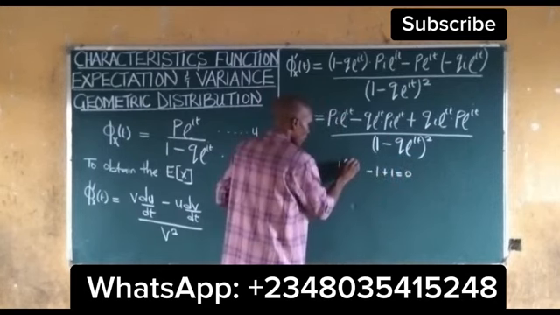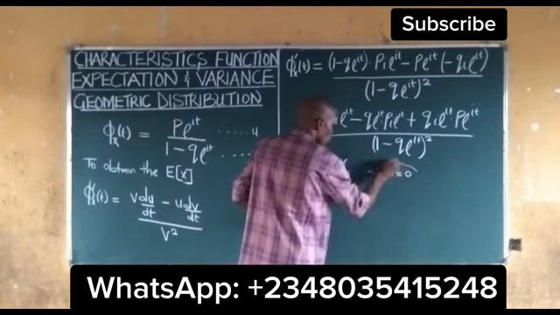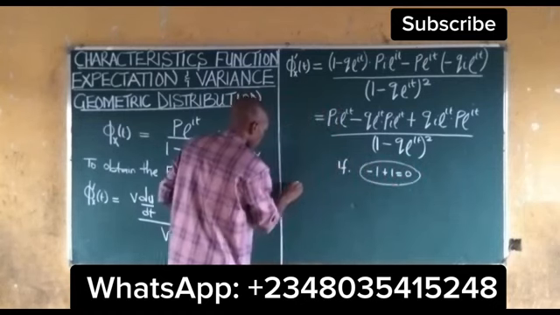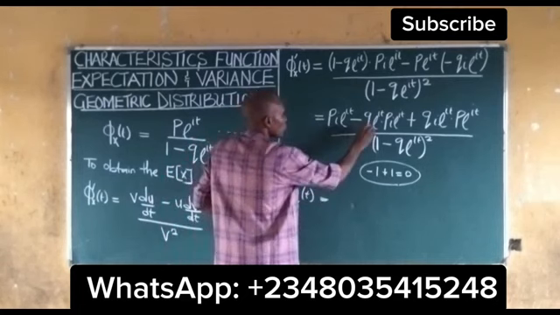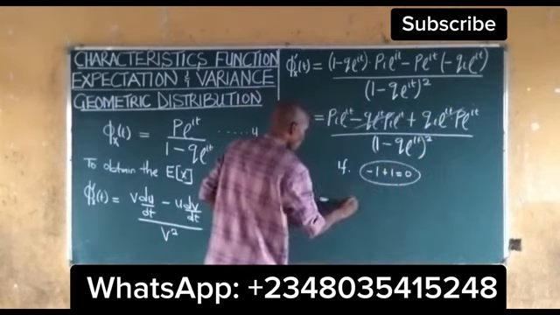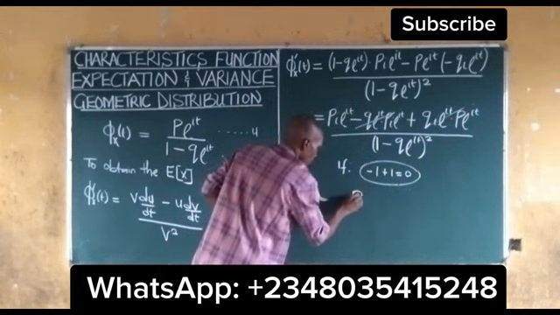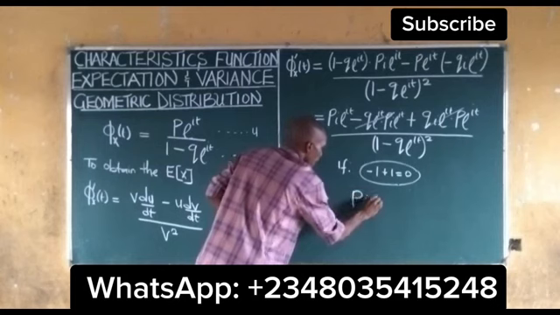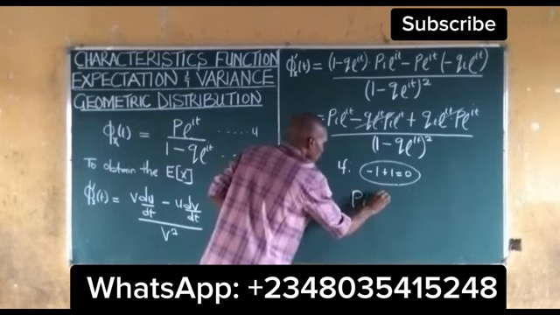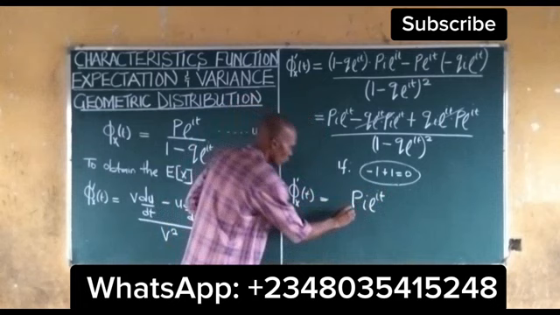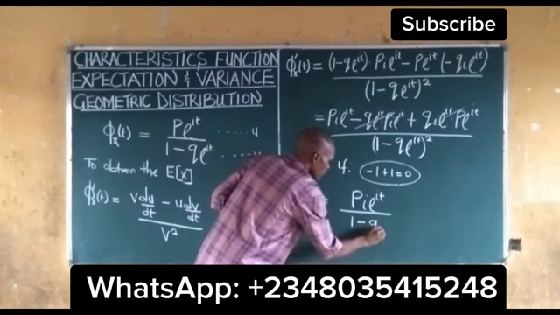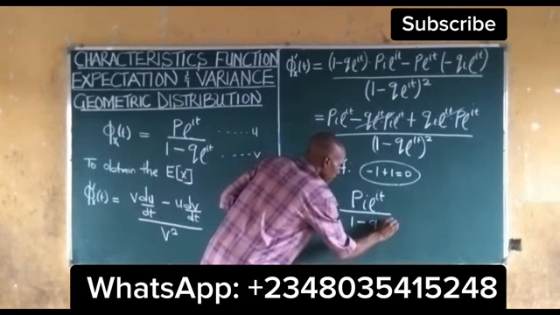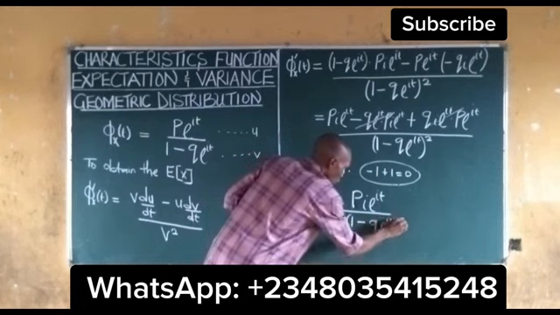So if this holds, it then means that our derivative of the characteristic function with respect to t is equal to, this will cancel this, to give us p i e^(it), where the i stands for the imaginary unit, all over 1 minus q e^(it) all squared.